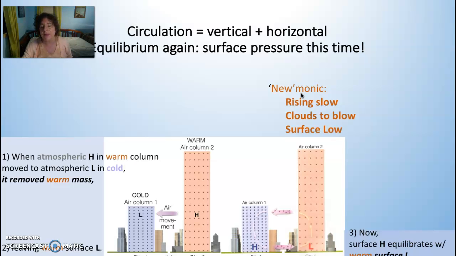Because you know that this high atmospheric pressure is going to move to areas of low atmospheric pressure. And when it moves out, it's going to leave less pressure in the column behind. There's going to be low surface pressure. So here's a mnemonic for you. Over time, a rising slow, clouds to blow, surface low. Believe me, that'll help you out a lot in your weather analysis.